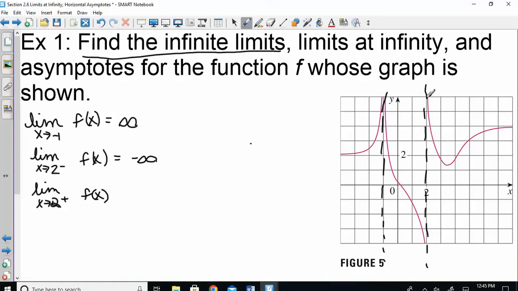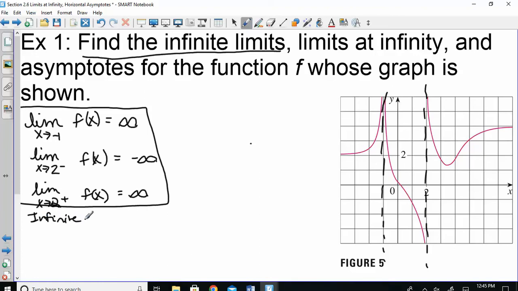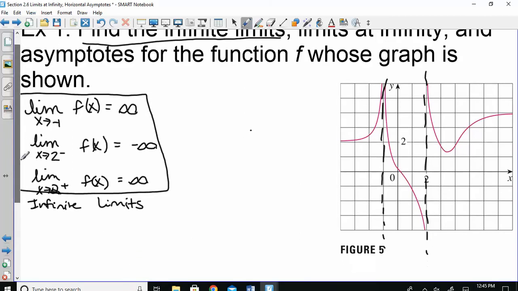And as I approach 2 from the right, if my x's are bigger than 2, where is this graph going? So these are my infinite limits, and those infinite limits tell me which kind of asymptotes. Vertical. So my vertical asymptotes are at x equals -1 and x equals 2.